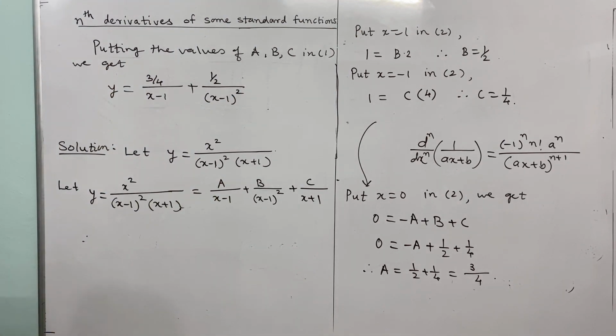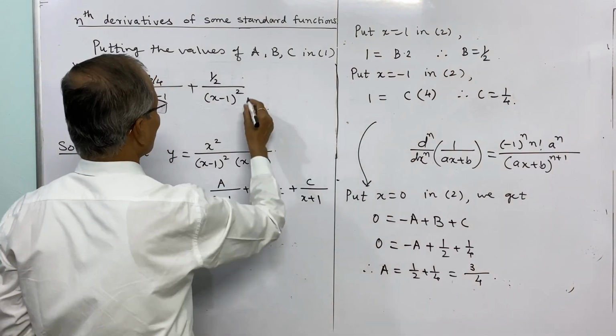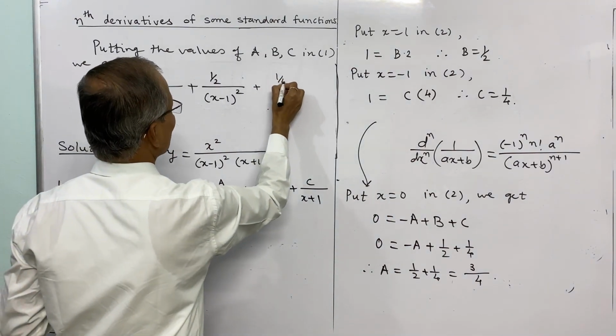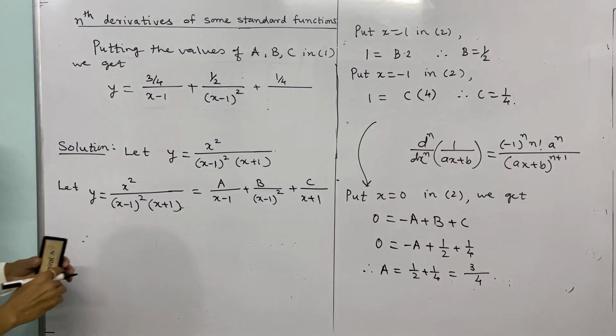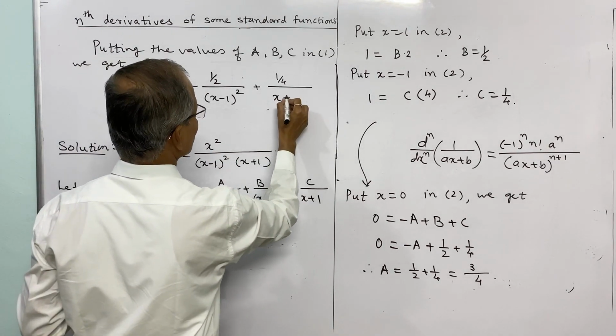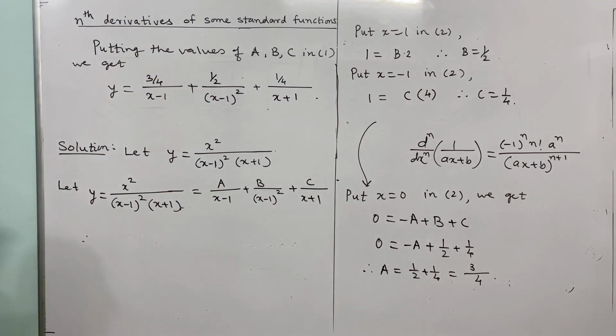And next is c, and that value is 1 by 4 again, 1 by 4 divided by, the denominator is x plus 1. So thus we have obtained this expression for y.